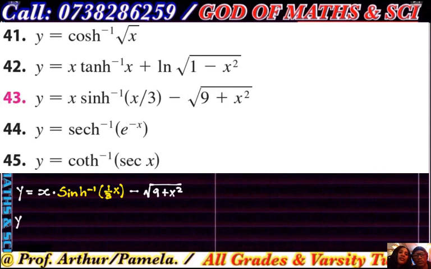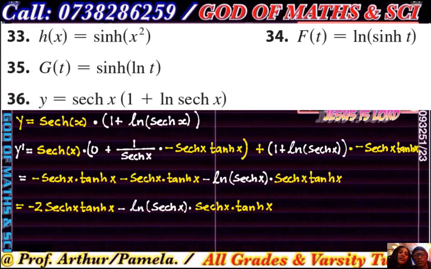So y prime, this one, it's product rule. I leave the x, and I derive the arcsinh. Let's go back and find the rule.